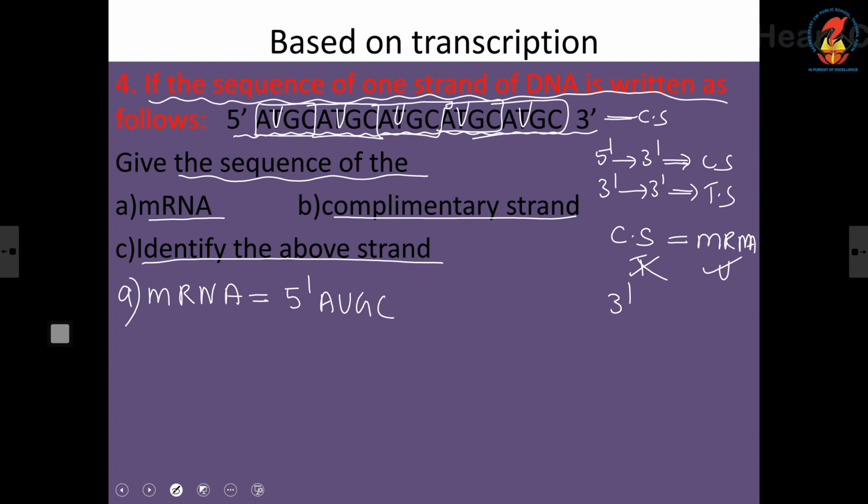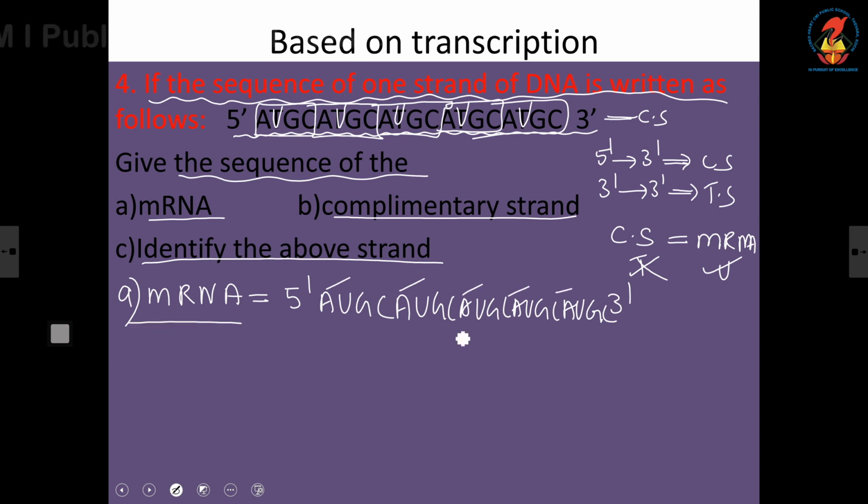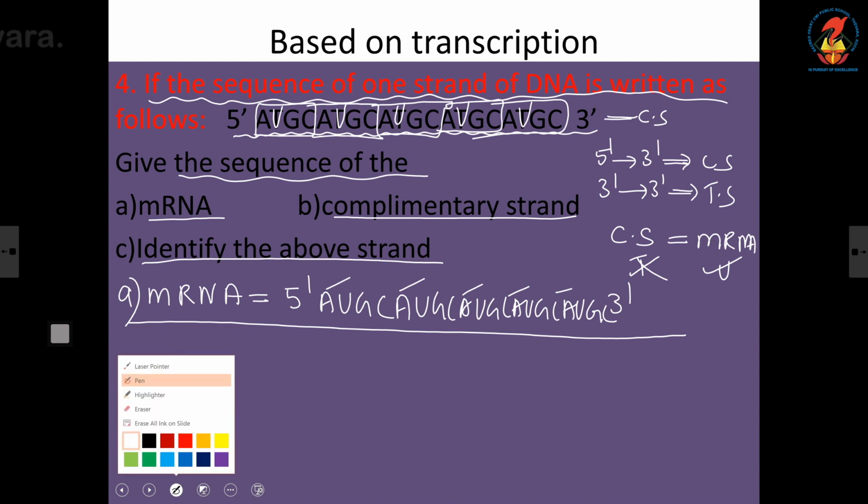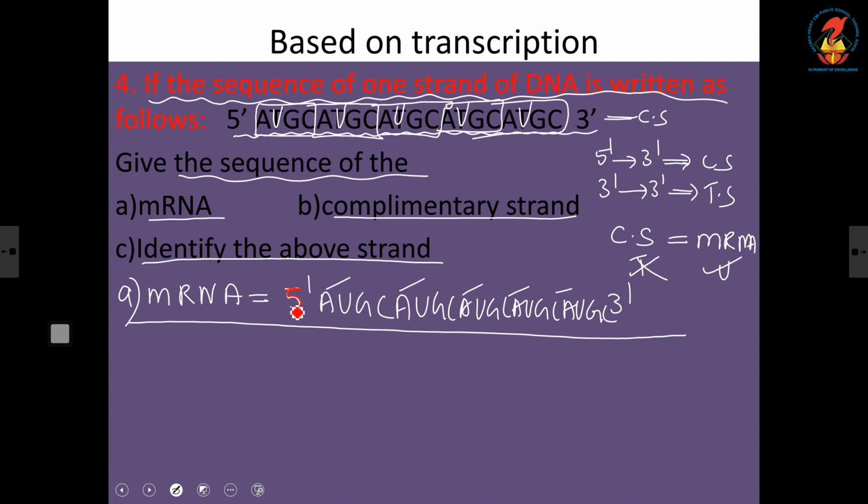I wrote it once, and here we notice how many times this slot is repeated: 5 times. So just mechanically you do it 5 times. AUGC, AUGC, AUGC, AUGC. Verify: 1, 2, 3, 4, 5 times. So I have answered the first question. And don't forget to indicate the polarity. I am using another color so you will never forget. The polarity is very, very important. Don't lose marks.